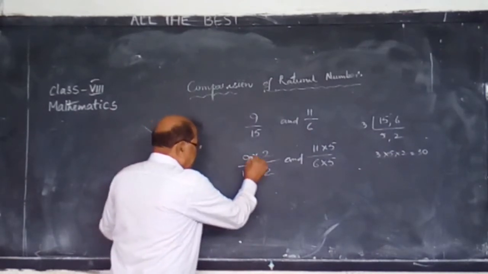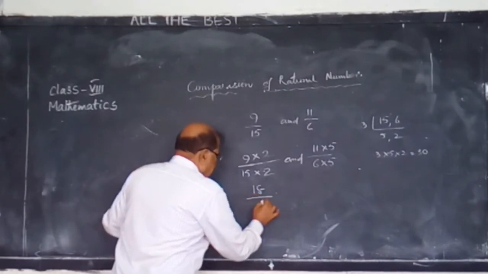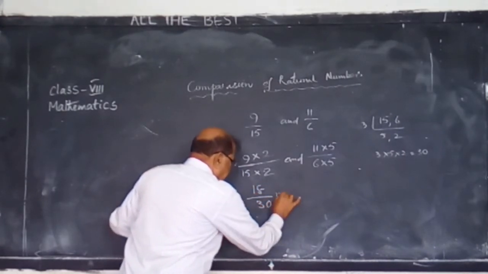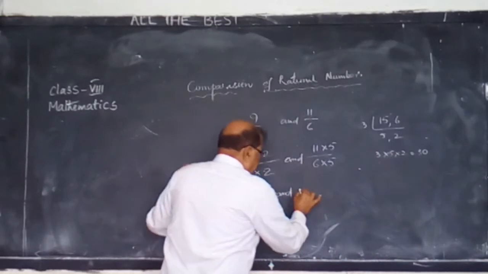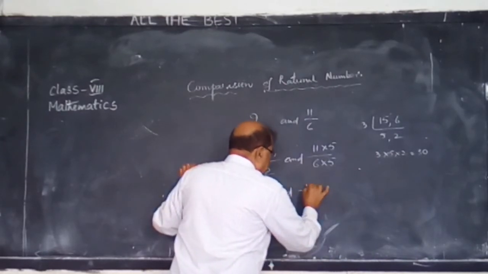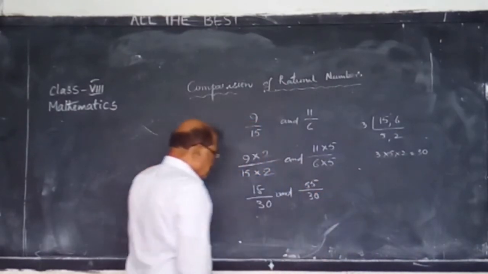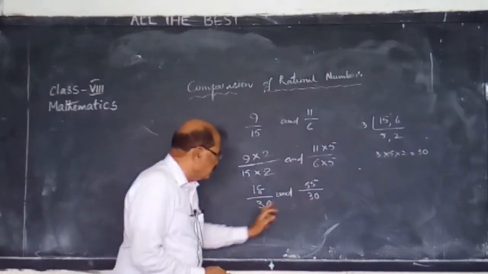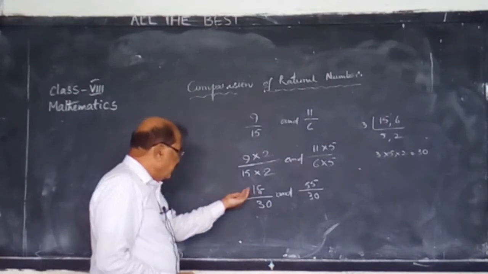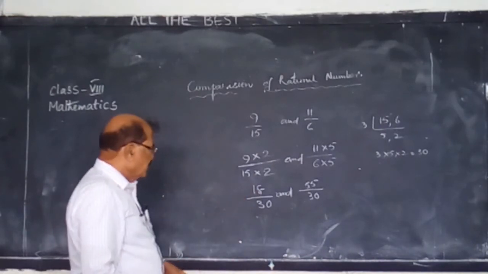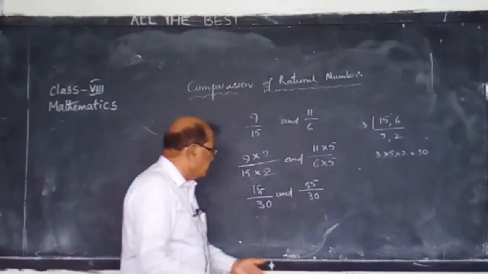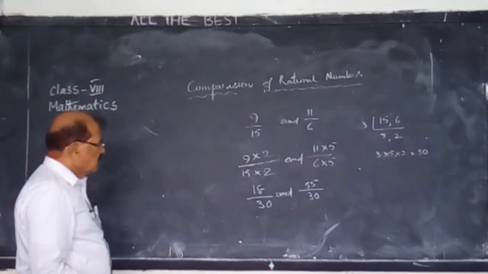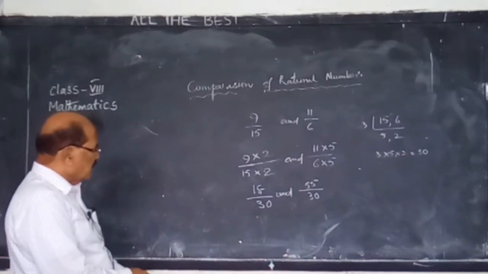So this is 9 2s are 18 over 30, and here 55 over 30. An article is made into 30 equal parts on both sides, and you have given 18 parts to somebody and 55 parts to some other person.